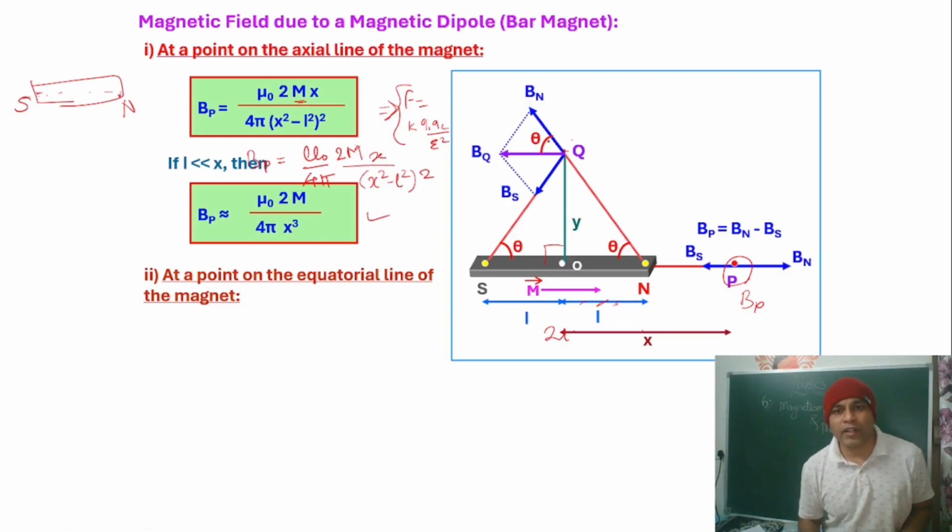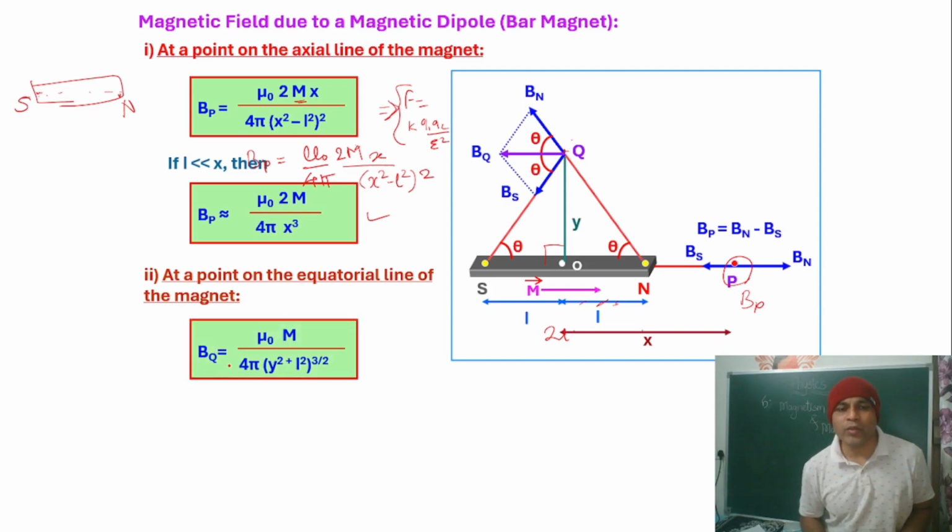At angle theta, how is it calculated? By simple geometry of our 10th standard. You can see this line is straight and this one is parallel, and two parallel lines are crossed by a line. So this line is parallel to BQ, and the angle of the same line crossing is theta equals theta. So that theta angle is calculated.